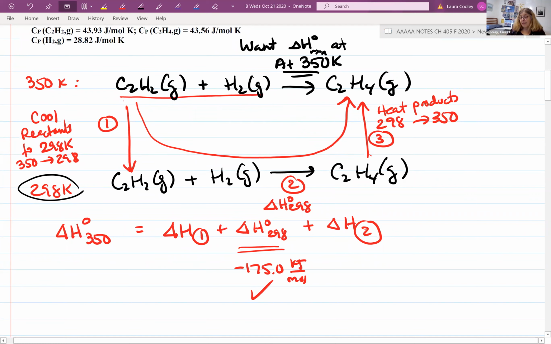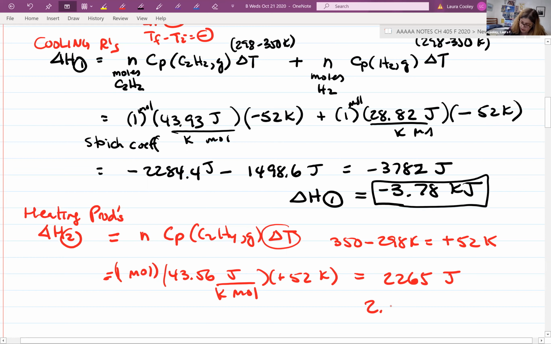So this is just 1 times 43.56. That's moles. Times positive 52. So this is 2265 joules, or 2.3 kilojoules.